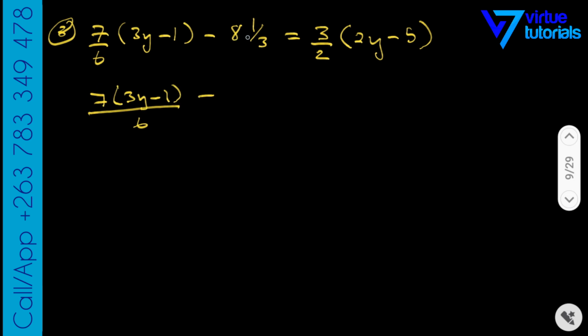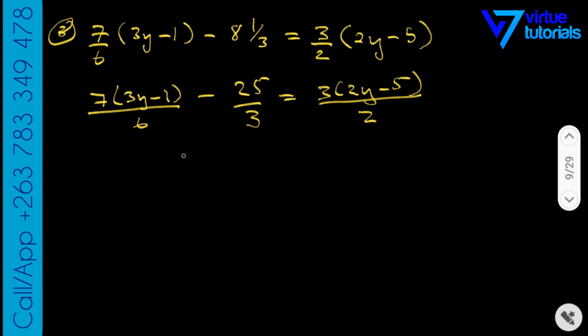And then I'm going to change this to an improper fraction. 3 times 8, 24 plus 1 becomes 25 over 3, right? Don't forget the denominator. And then here, 3 over 2 times 2y minus 5 is the same as 3 times 2y minus 5 all over 2. So we've simplified it just a little bit more to get a clearer picture of the whole thing.